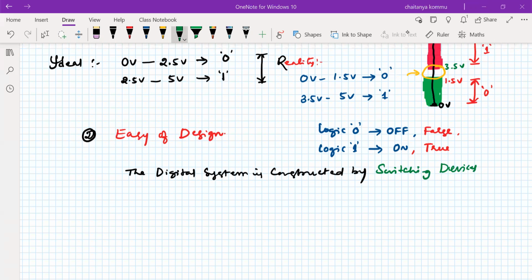We don't need to bother that much about the physics of this device. Whenever you apply logic 0, it will be off; whenever you apply logic 1, it will be on. So we only use switching devices.